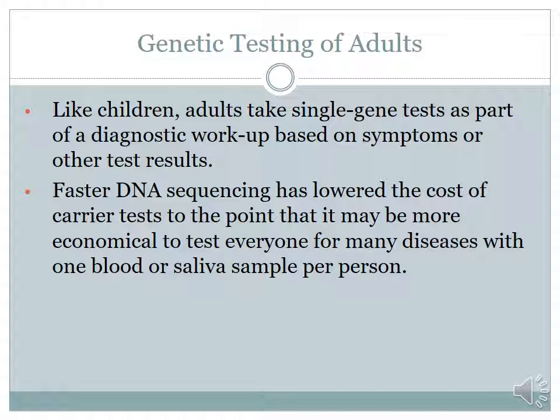As a result, gynecologists now offer tests that identify carriers of more than 1,000 recessive disorders to patients considering parenthood, performed on one blood or saliva sample per person. If a woman is a carrier of a specific disease, then her partner can be tested too.